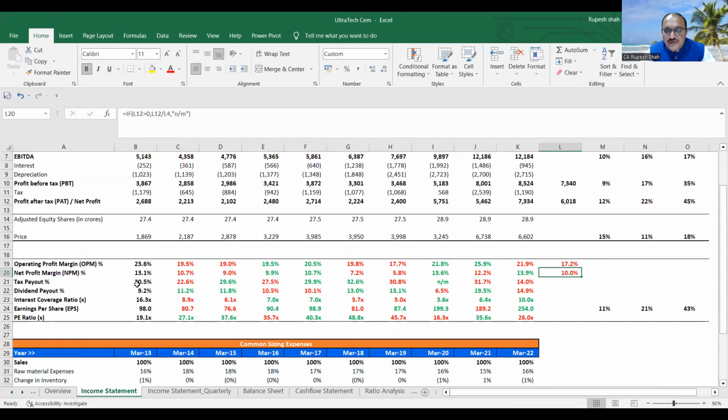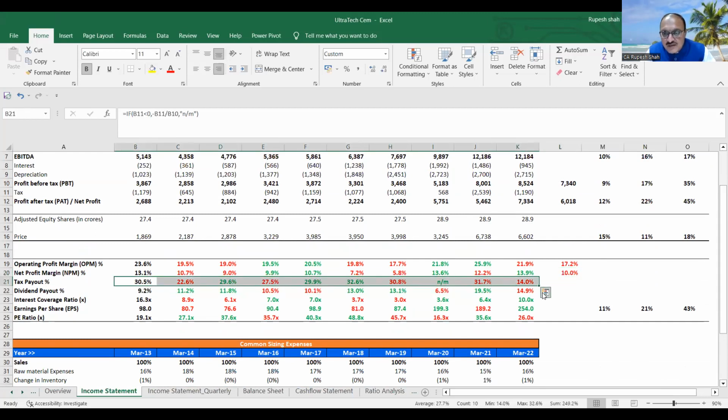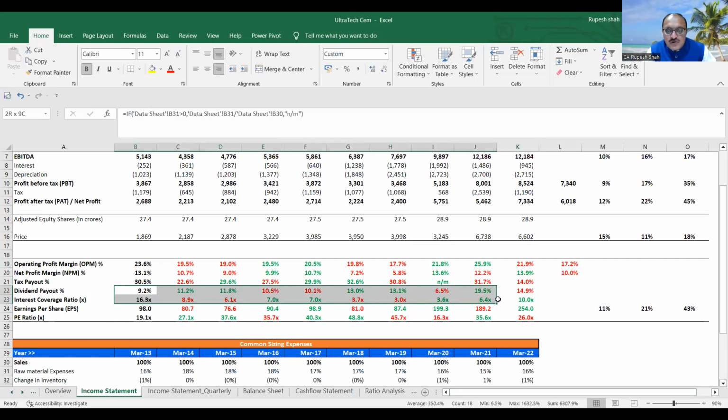Then tax rate, if you really see, tax payout is currently 14% of their profits, and on an average 27%, which is okay. They can't do much because it is driven by the taxation regulation of the country. Dividend payout, okay. The company is paying almost 14, 15% of their profit, average 12% of their profit as a dividend, right?